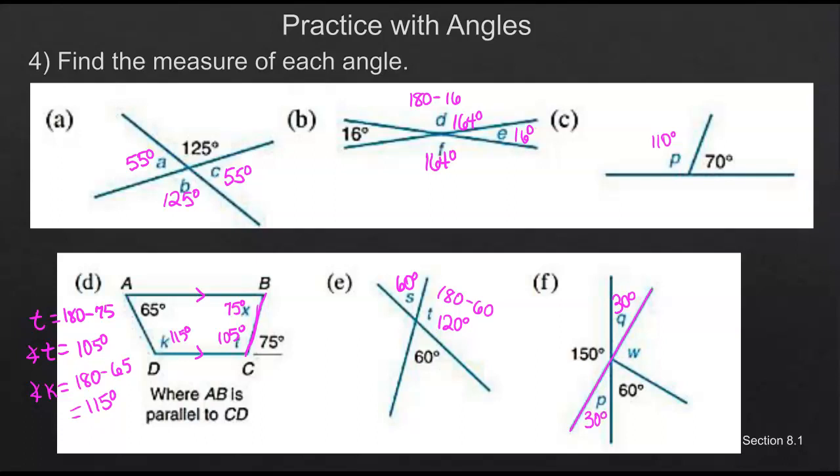And then we can figure out W because we have 30 and 60. So 180, if we look at the other straight angle, 180 minus 30 minus 60. And so this angle is 90 degrees.